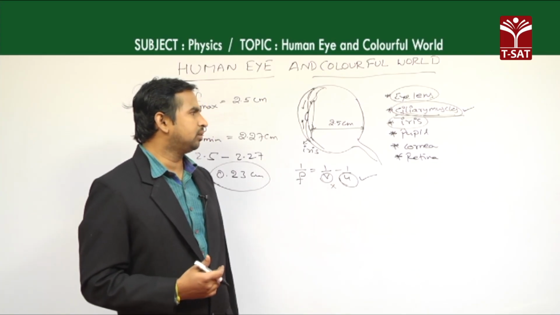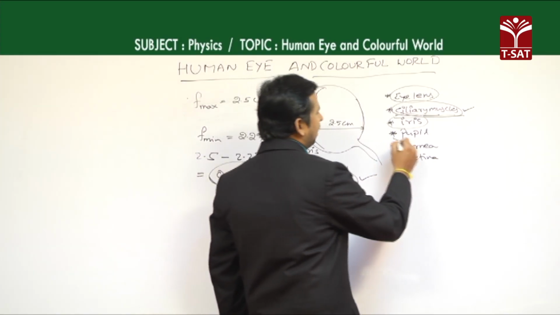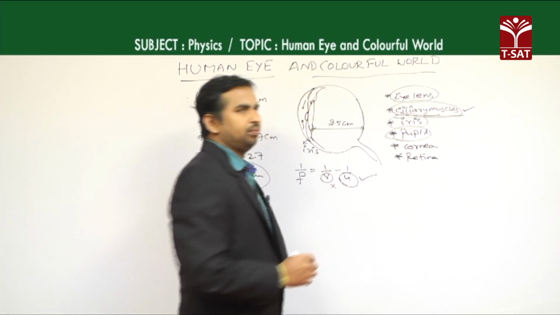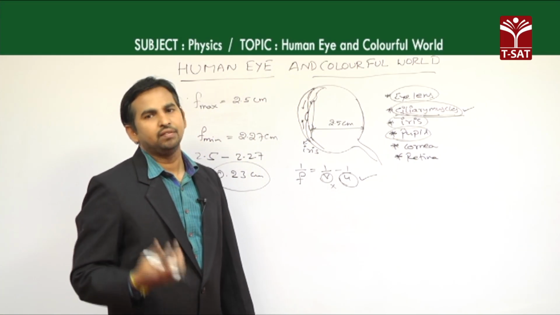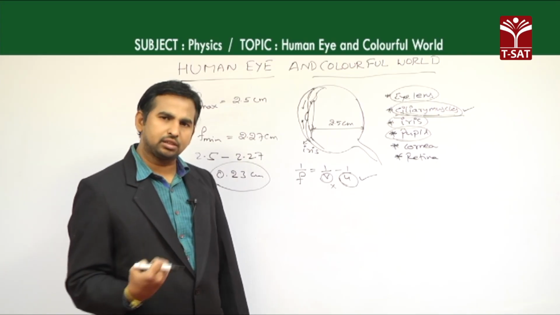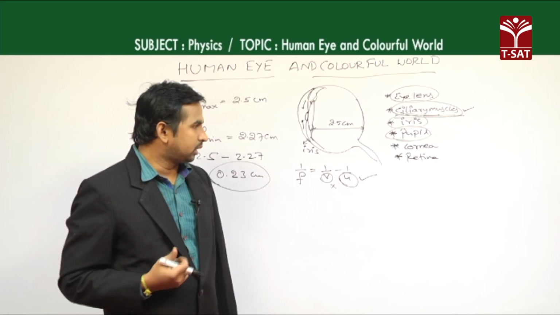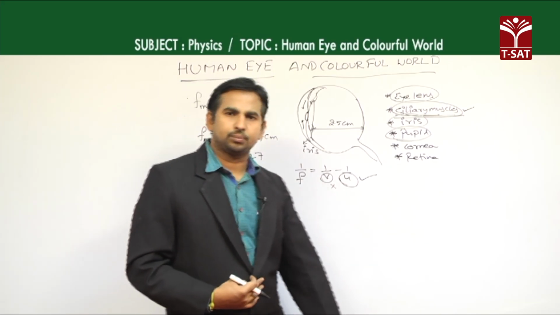That is the work done by the iris, adjusting the size of the pupil. A larger pupil means more light rays are coming, and a small pupil means fewer light rays enter.